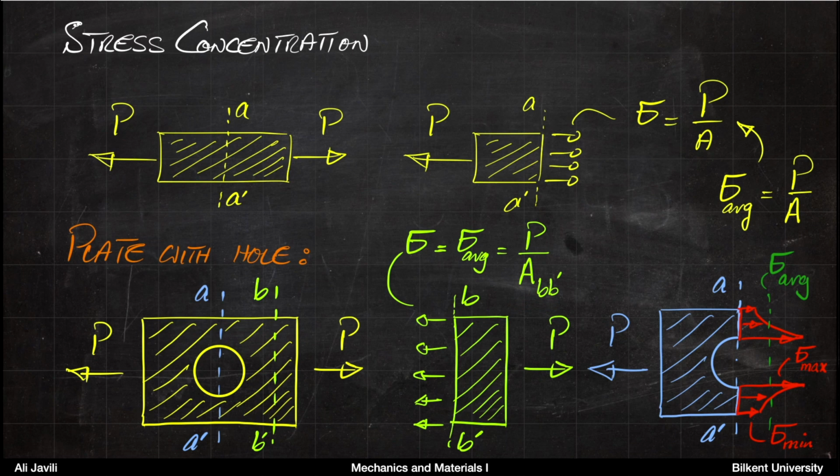But if we cut it at a cross-section AA prime, a more complicated picture will appear. So what we will see is that due to stress concentration, you would get more stress closer to the hole, and you would get less stress further at the edges.